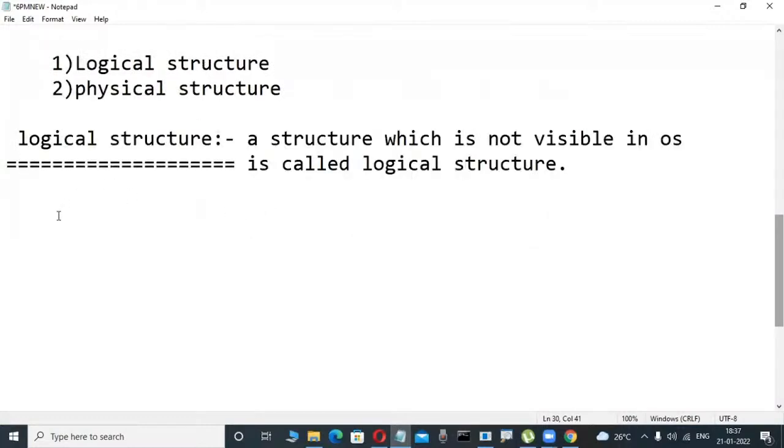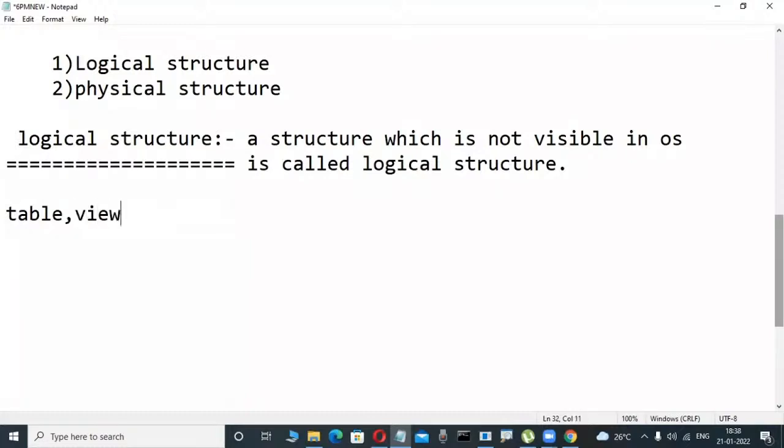But in this logical structure only, developers are working. Suppose I'm a PL/SQL developer, you're a SQL developer, Java developers, .NET developers, Python developers, ETL developers. These all persons are working in the logical structure. That logical structure contains tables in Oracle, and in SQL Server also tables are there, MySQL also tables are there.